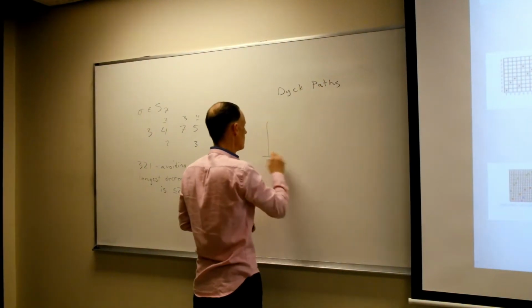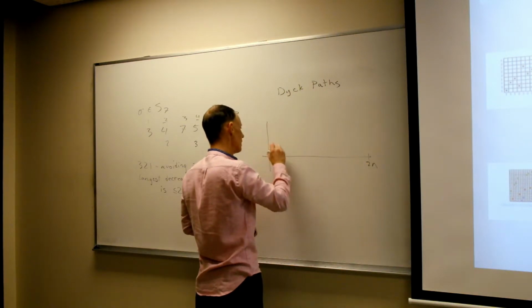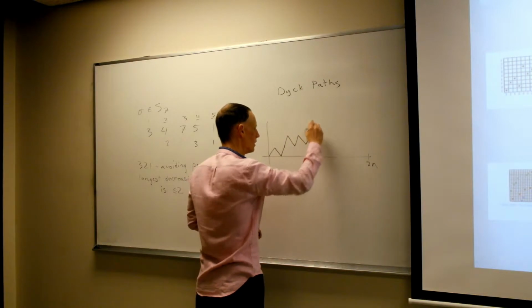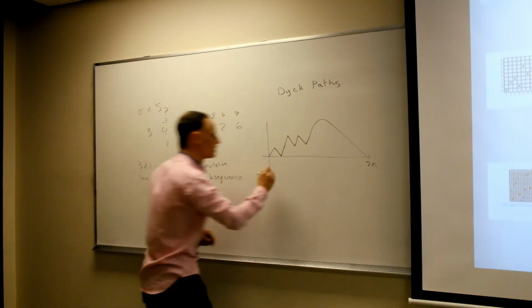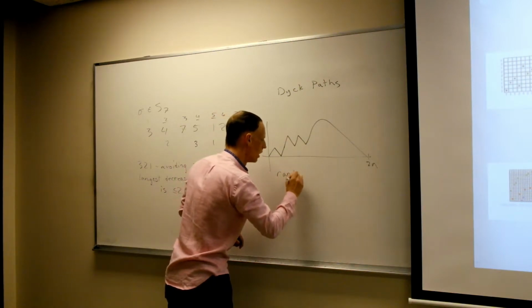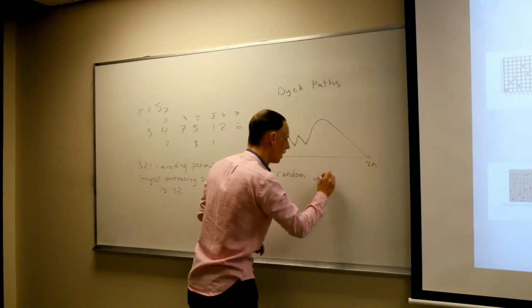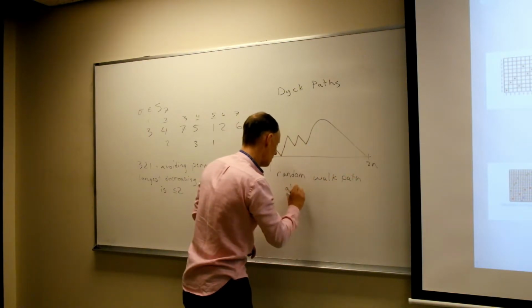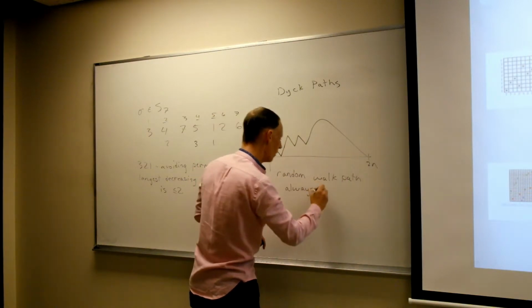So these are random walk paths of length 2n. Each step either goes up or down by 1, and they always start at 0 and end at 0.